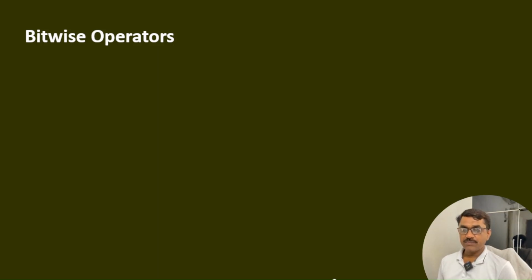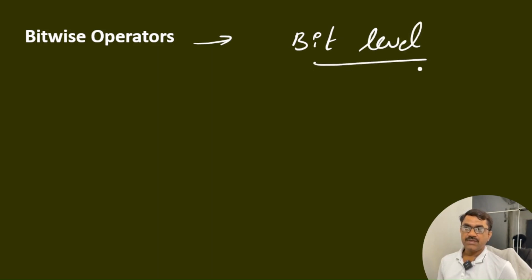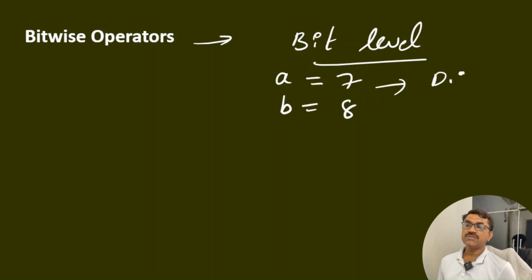Now we are going to start bitwise operators. Why are we calling these operators bitwise? Because they operate at bit level. What do you mean by bit level? See here, for example, if you take values for variables, for example, a equals 7 and b equals 8. 7 is in the decimal number system.